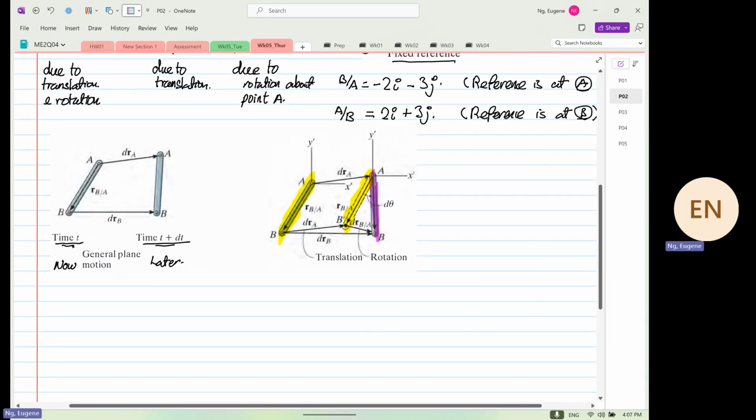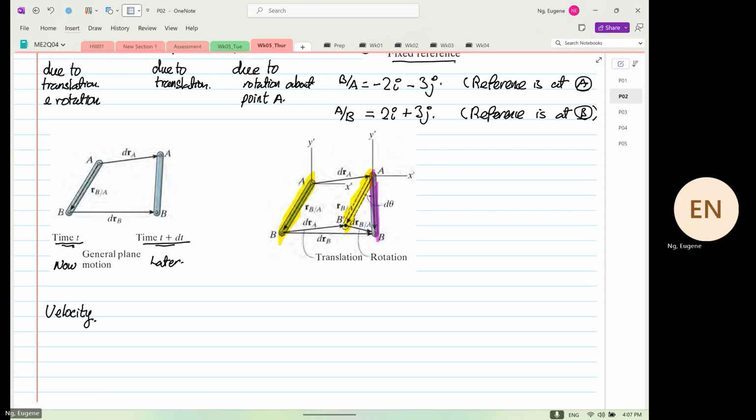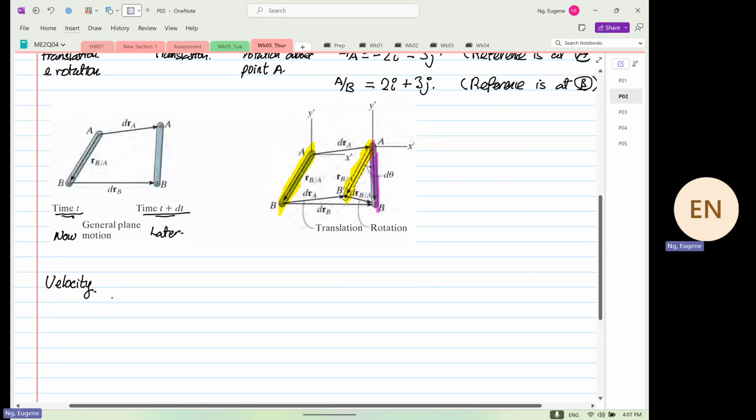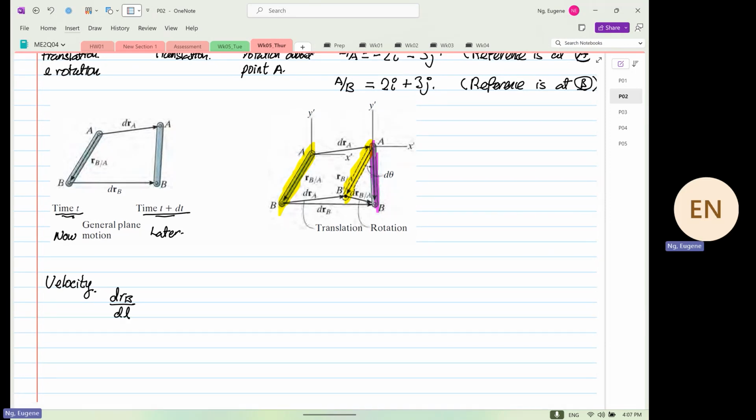Okay, and finally, in terms of velocity, we have the expression where we use dRB over dt, and this is equal to dRA over dt plus d of RB reference point A divided by dt.